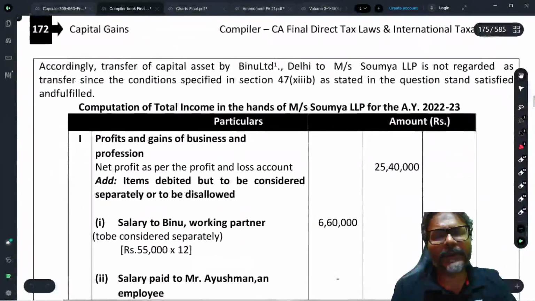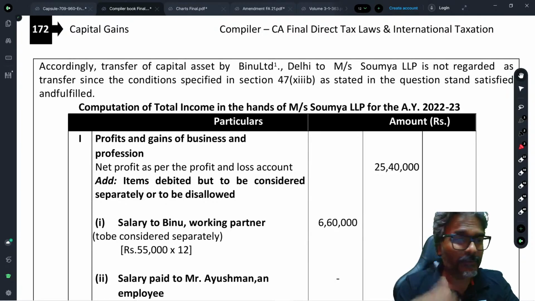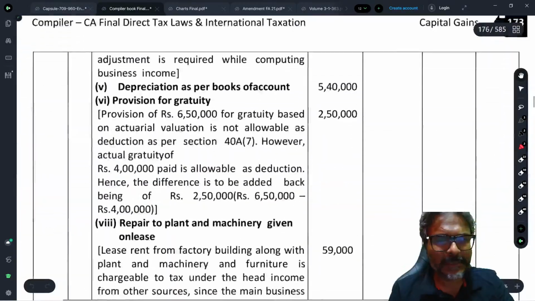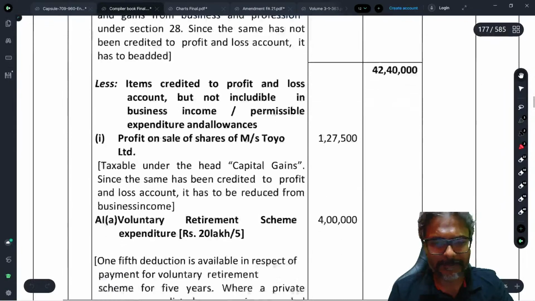If you will find in the very first point, do you want me to do it in English or Hindi, students? Quickly.